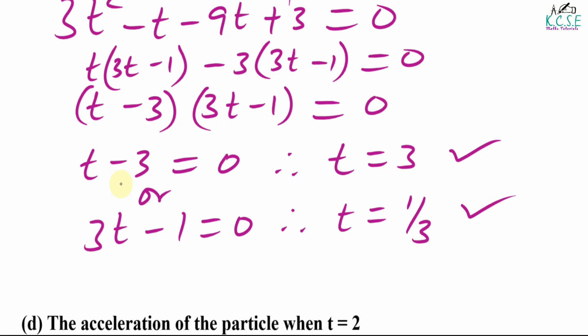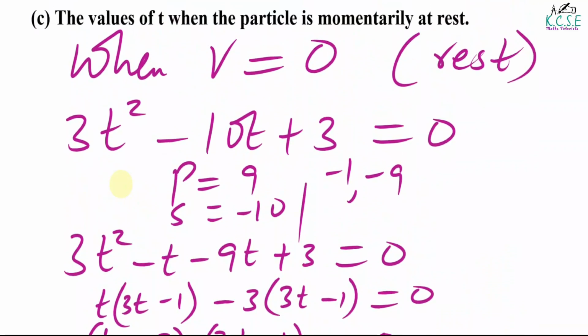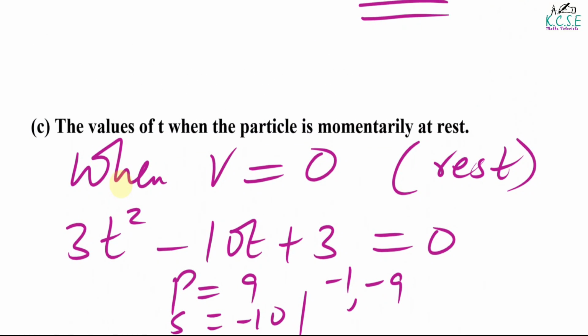So those are the two values of t: t equals 3 seconds and t equals 1/3 seconds, when the particle is momentarily at rest. One thing we must not forget is that when the particle is at rest, velocity is 0.